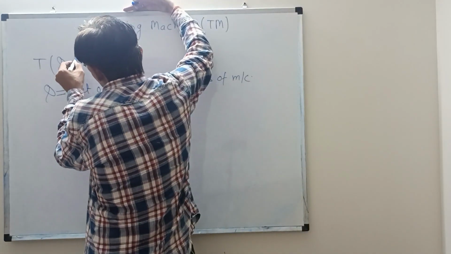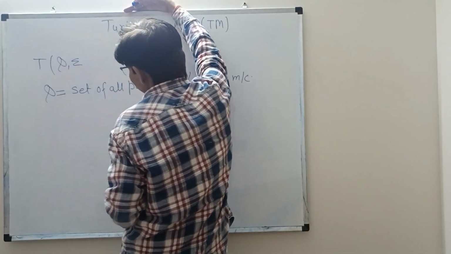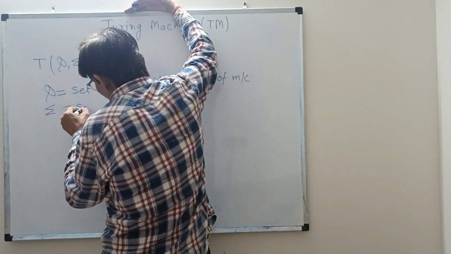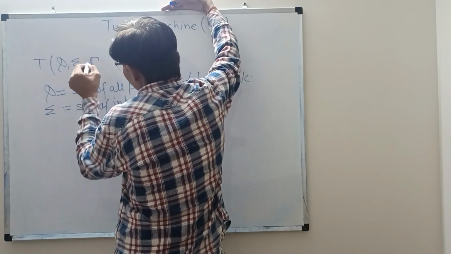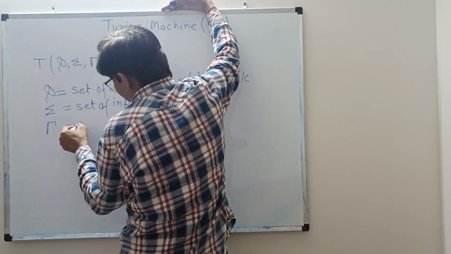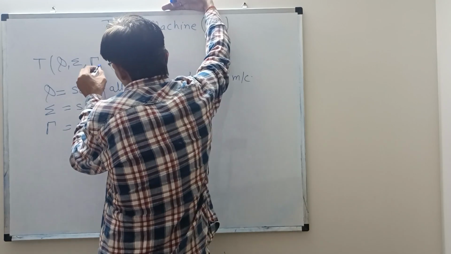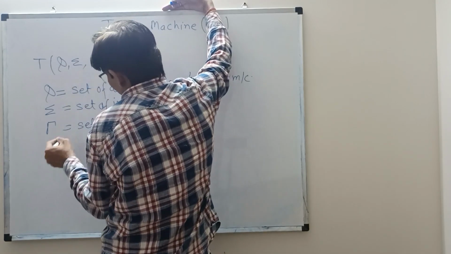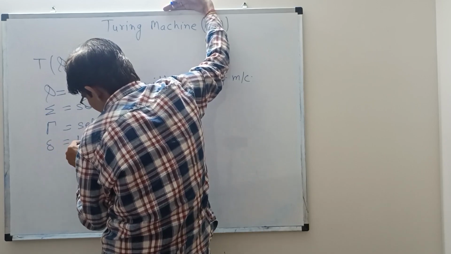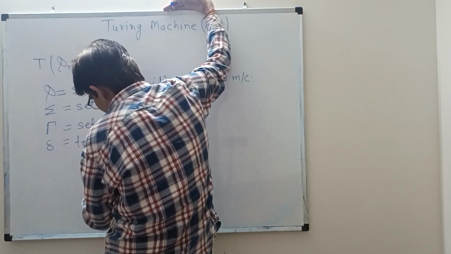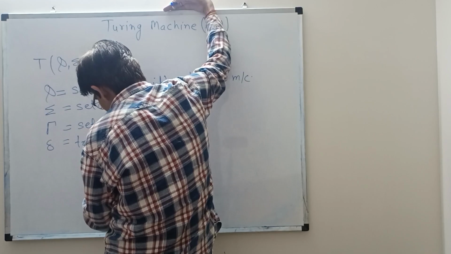Second is sigma, the set of input symbols. Next is gamma, the set of tape symbols. Then we have the transition function delta, which we will discuss in detail.